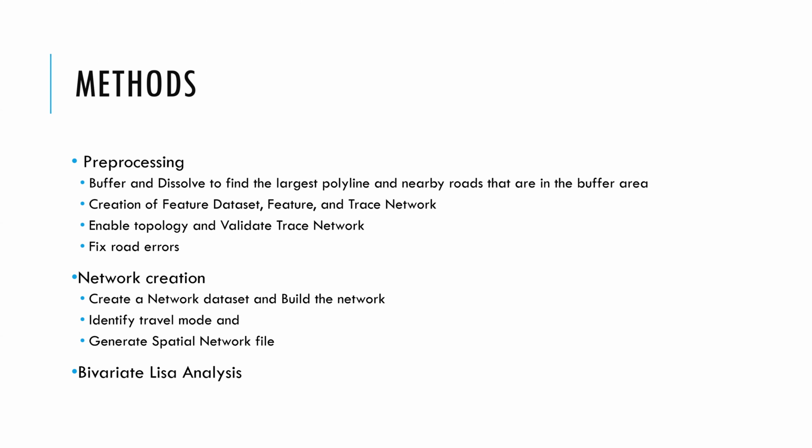After that, I had to identify the travel mode and the distance, along with the spatial network file, which did an inverse calculation of each point of each substate polygon within Nigeria. There are 37 polygons, so 37 substates. I was able to use the points from inside those polygons to then attach a spatial network file.